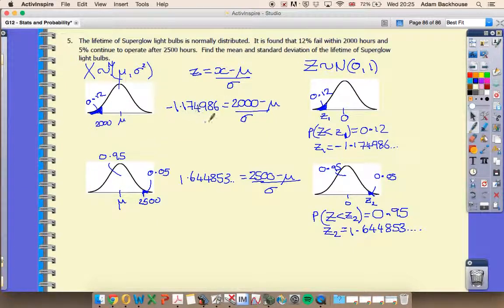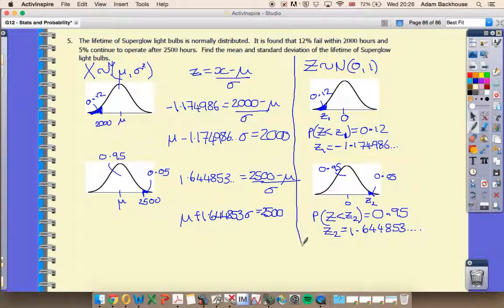So I'm going to rearrange this to mu minus 1.174986 sigma equals 2000, and I'm going to do the same down here. Oops, not minus, mu plus this time, as that's positive, 0.644853 sigma equals 2500.